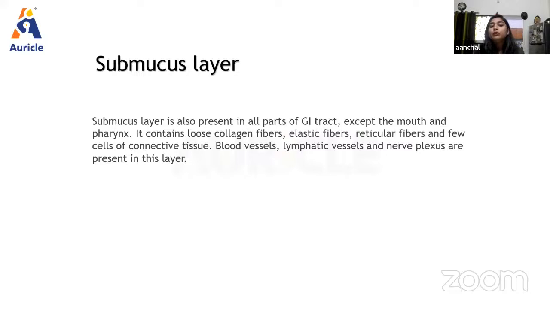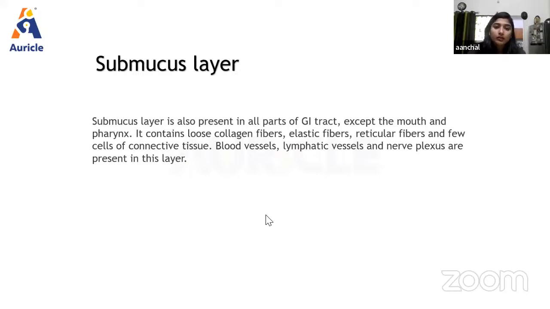Submucous layer is present in all parts of GIT except mouth and appendix. It contains loose collagen fibers, elastic fibers, reticular fibers, and cells of connective tissue. Blood vessels, lymphatic vessels, and nerve plexus are also present in this layer.